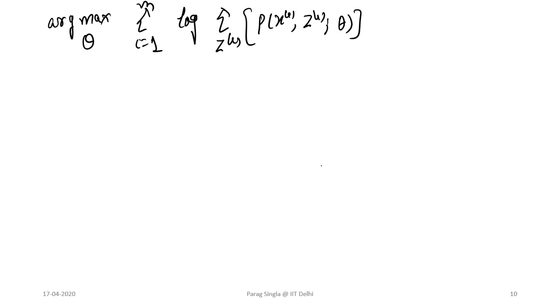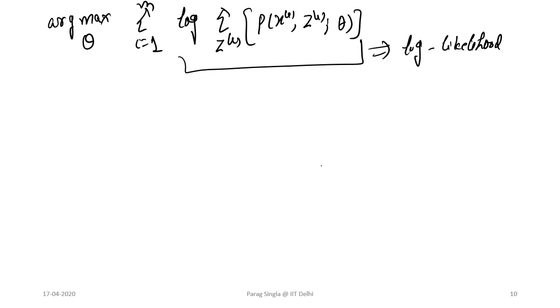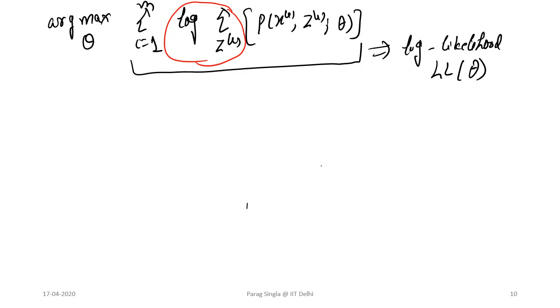This was the log likelihood, which we will also denote by ll theta. In fact, this entire expression is the log likelihood, and what we are interested in is figuring out if we can get rid of this sum inside the log.